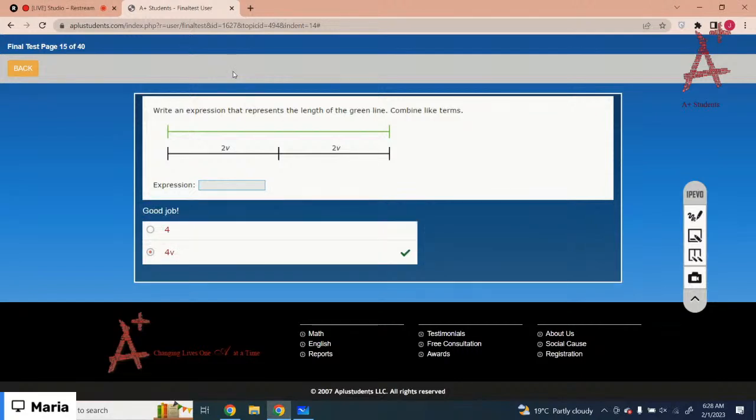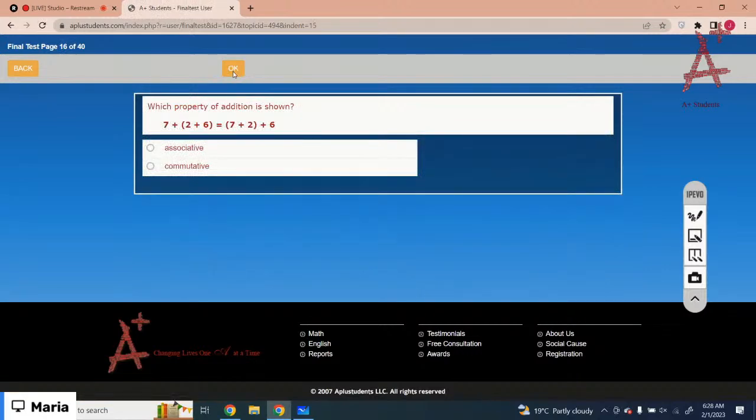Okay, the next one is, which property of addition is shown? Which is the correct option, associative or commutative? Write down the answer in the chat box, which property it is.